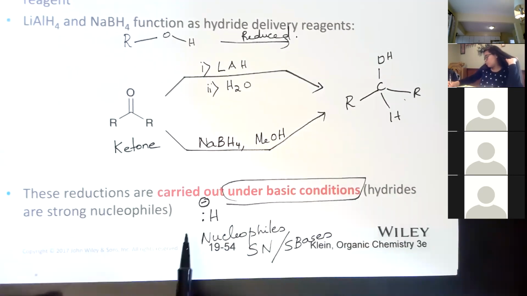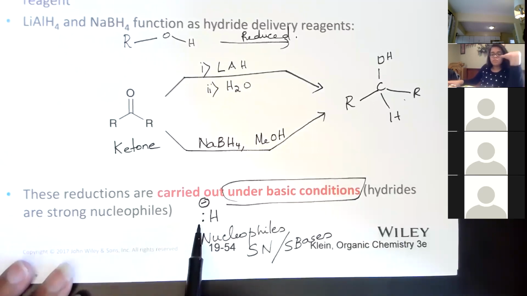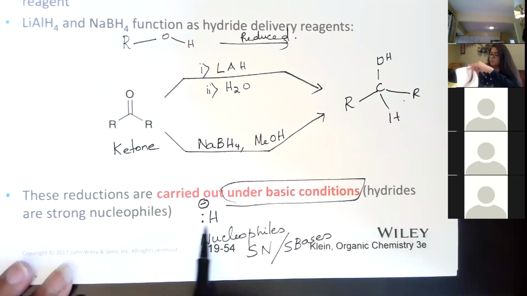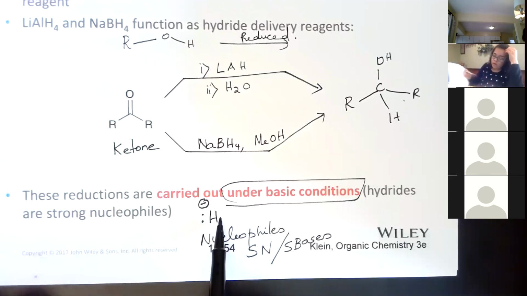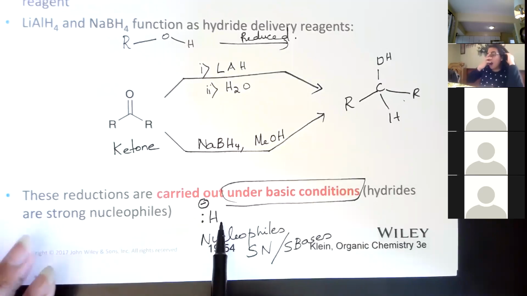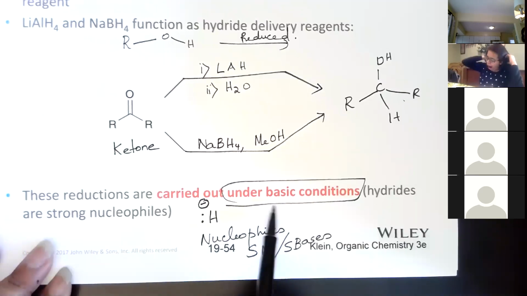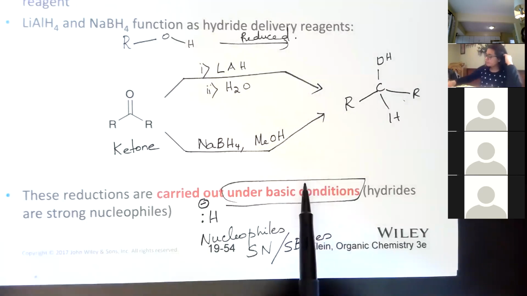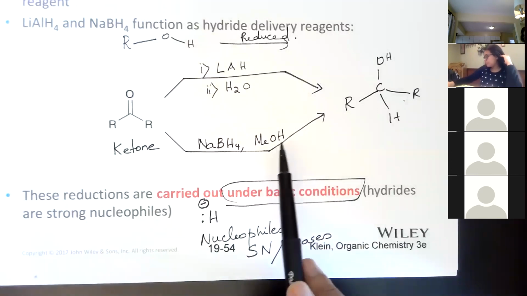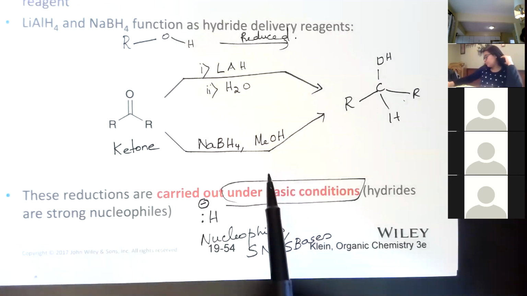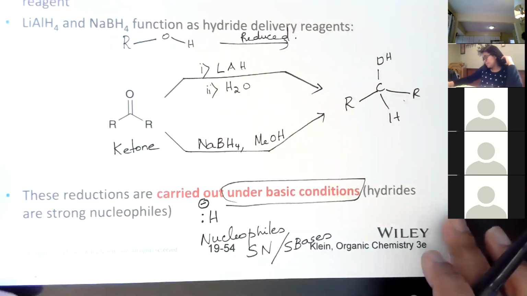So if you use an acid here, it will react with the hydride and neutralize it. Okay. So that's why they use basic conditions. Something like MeOH promotes it, or EtOH can promote it as well.